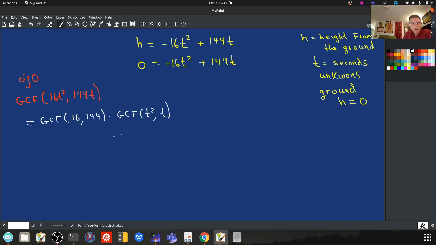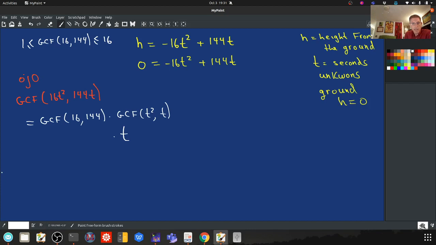Well, I already know that the GCF of t squared and t is the smallest power, which is just t. And what do I know in general about the GCF of 16 and 144? It's going to be greater than or equal to 1, but less than or equal to what? The smallest of the two terms.